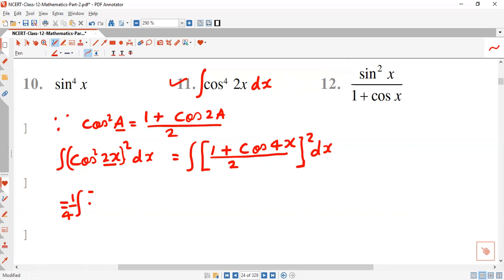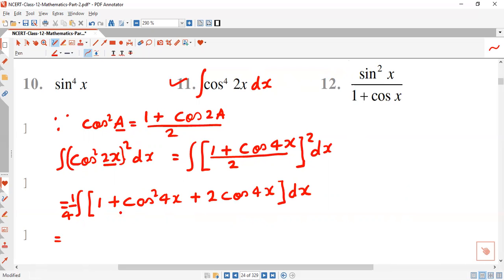And we start doing the bracket. 1 square means 1 plus cos square 4x plus 2 times 1 into cos 4x, bracket close, dx.